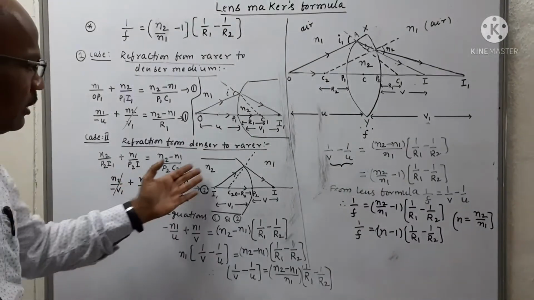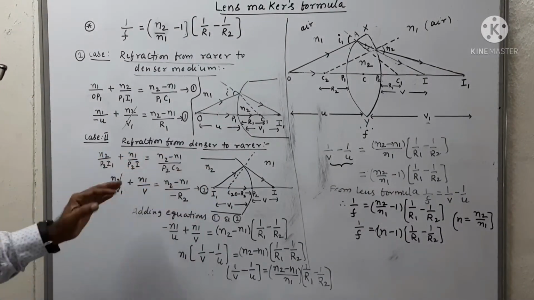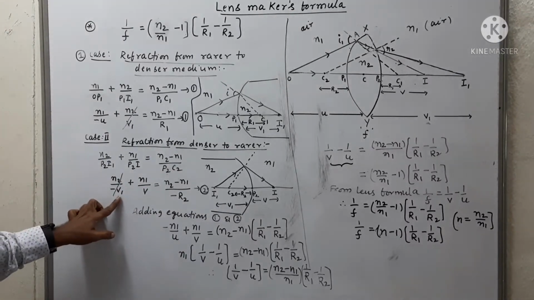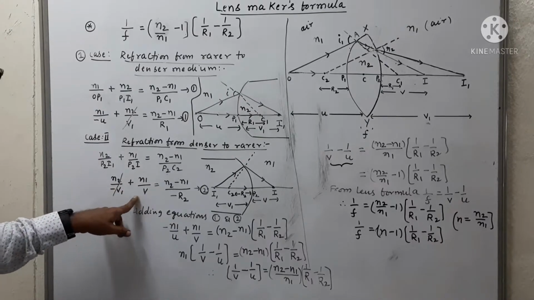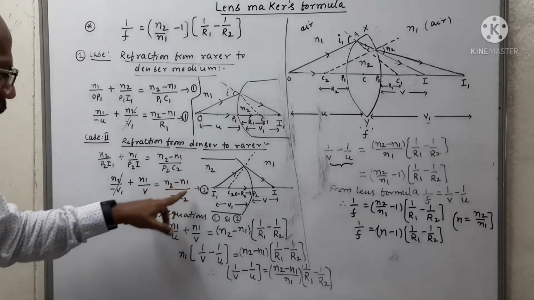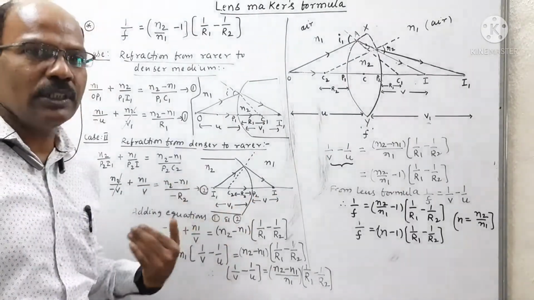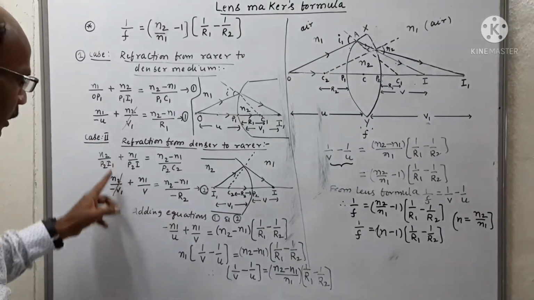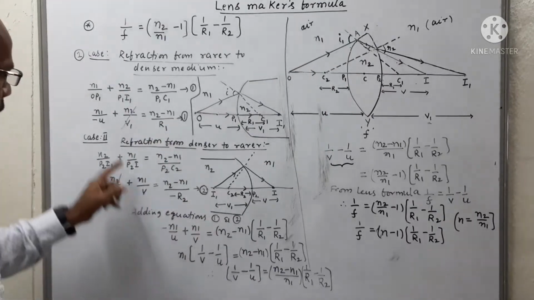While considering the second refractive surface, we apply the sign convention. So N2 by minus V1 plus N1 by the final image distance V is equal to (N2 minus N1) by the radius of curvature, which is measured in the opposite direction of the incident light, so that is minus. Now add the two equations, the first and the second.